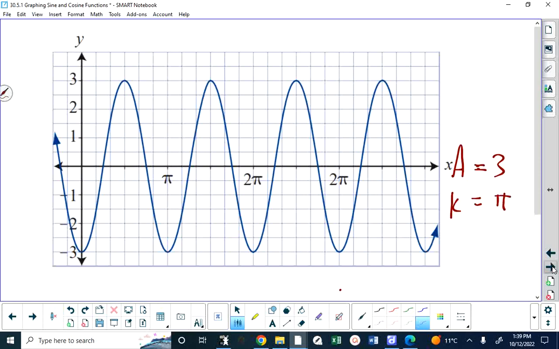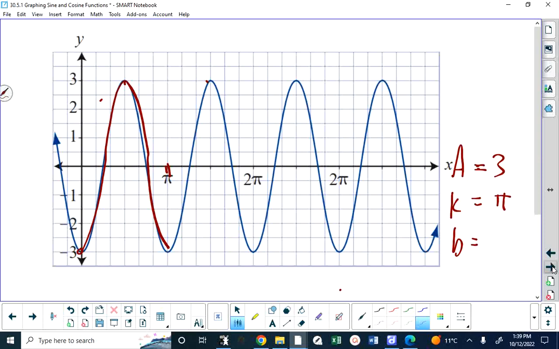And for the period, I like to start at 0. I don't like to try to figure out what that is. I like to start at 0 and see that I have to go up, up, down, down. Oh, that's pi. So that would mean that B has to be a number that produces a stretch factor that changes 2 pi to pi.